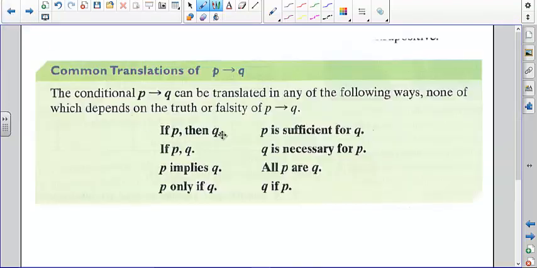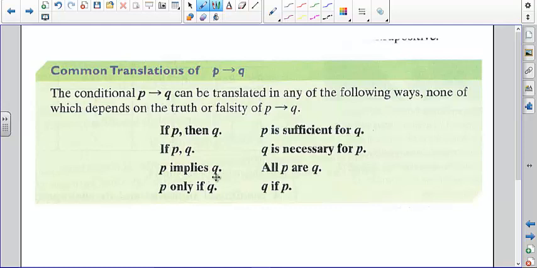So these are just other examples. Here's the normal one that we like to use. But also, if P, comma Q. Sometimes the then is implied. So if you are a bird of a feather, you flock together. I left the then out. If you are a bird of a feather implies that you flock together.